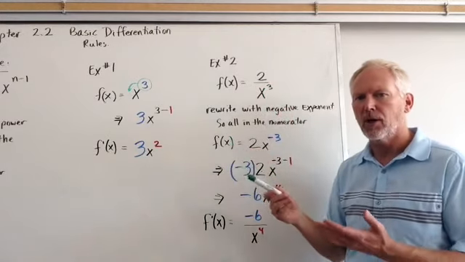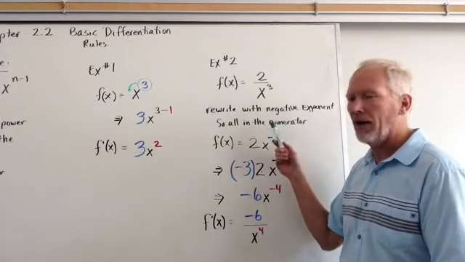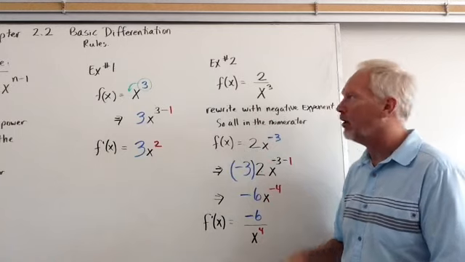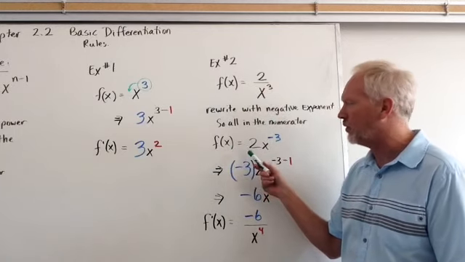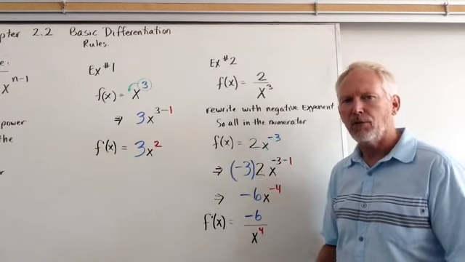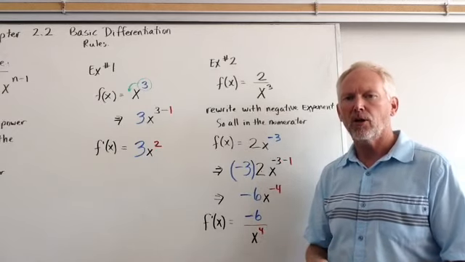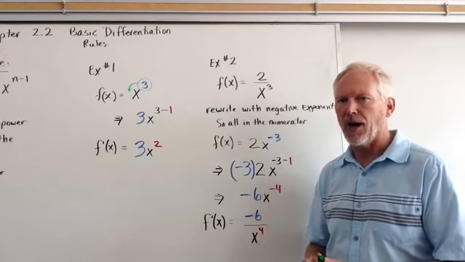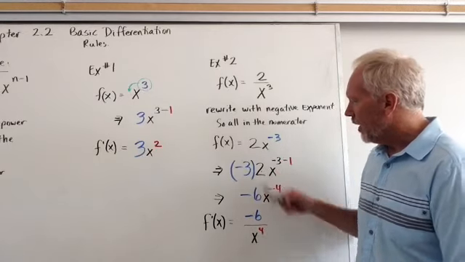The first thing we should do is rewrite with a negative exponent, so that everything is in the numerator. What we get is f of x is now equal to 2x to the negative 3 power. If you don't recall your exponent rules, go back and look those up, because it's pretty vital from here on out that we're going to be using those quite a bit.